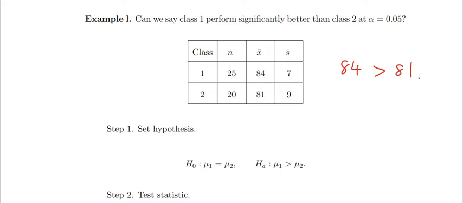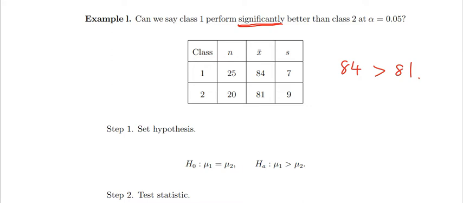So I wanted to say that, but statistically we want to be sure: can I say class 1 performance is significantly better than class 2 at this significance level? We have evidence, but we need to check whether this evidence is strong enough. So how can we answer this question?